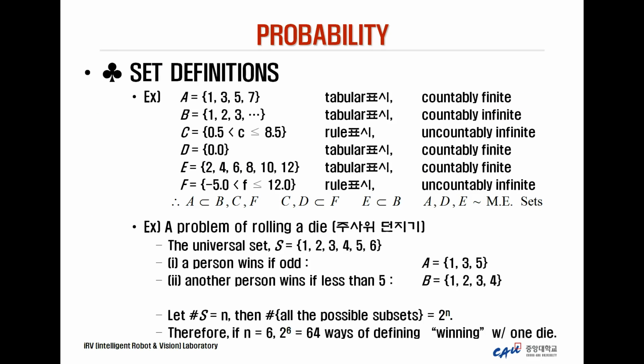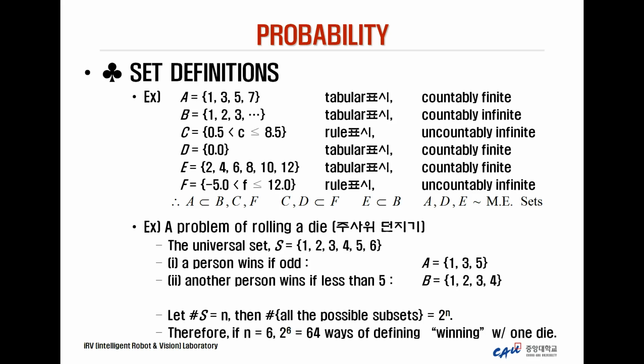So we have an example with sets A, B, C, D, E, F. The set A has 1, 3, 5, 7 as elements. This is in the tabular method, and the set A is countably finite.